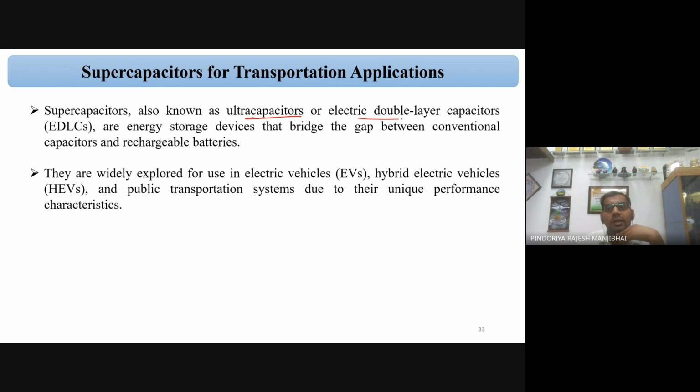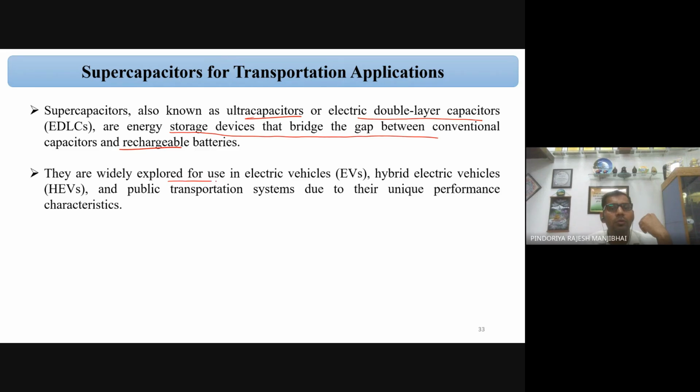It is an electric double layer capacitor, an energy storage device that bridges the gap between the conventional capacitor and the rechargeable battery. So this supercapacitor is not like a simple battery. It is a combination of both, a conventional capacitor and rechargeable batteries.